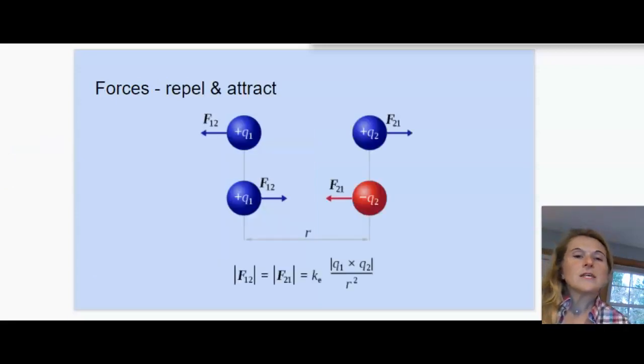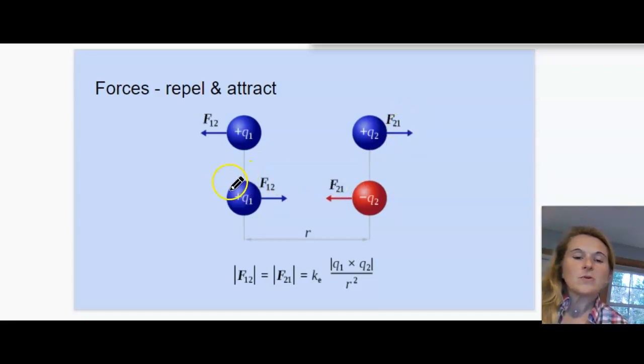So this force that we are analyzing with Coulomb's law can either be a force of repulsion or a force of attraction. Here we're comparing two nuclei, two different atoms that are near each other. We have the same distance, the same R, but here they are going to repel each other because they are like charges.